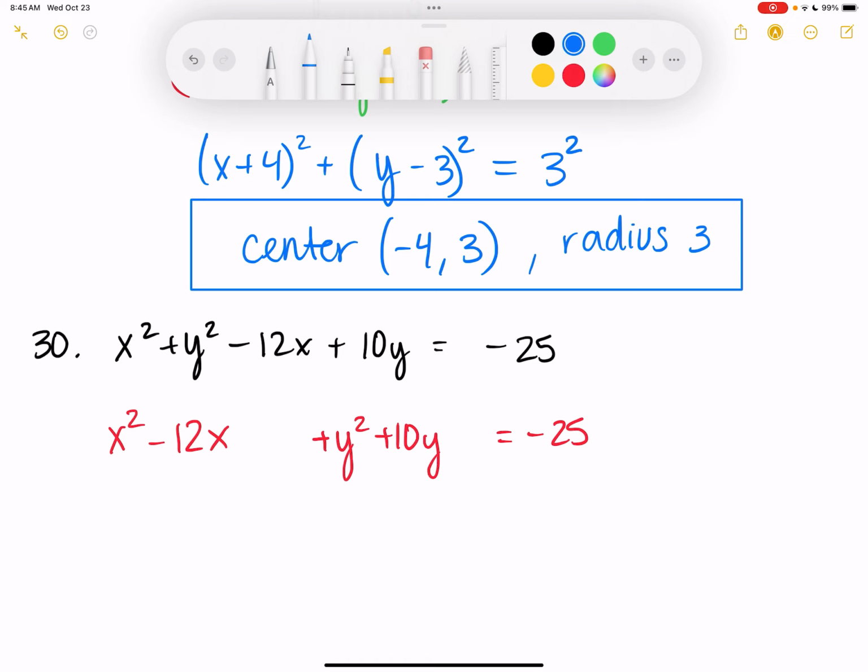So then I'm going to add my boxes. I'm adding a box here to complete the square for x. Whatever I do over there, I have to do over here also. Then I need to also add one for y.